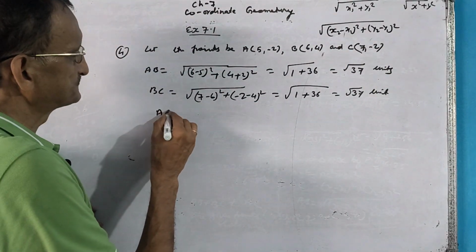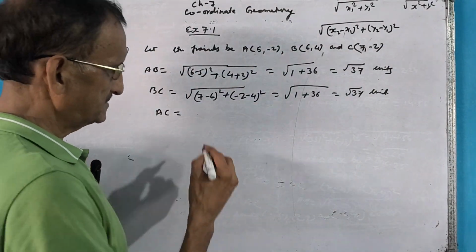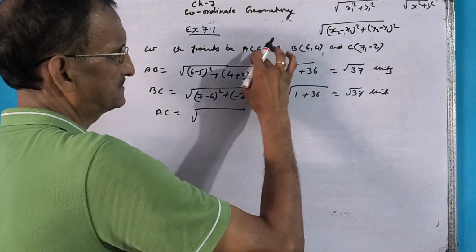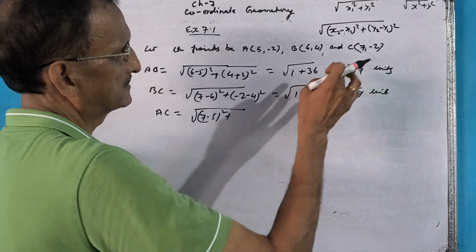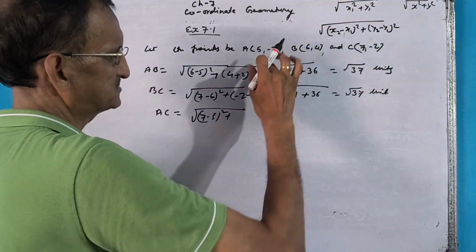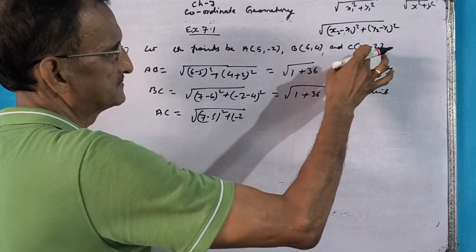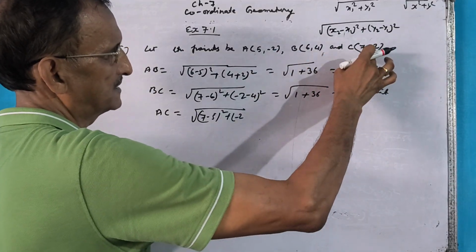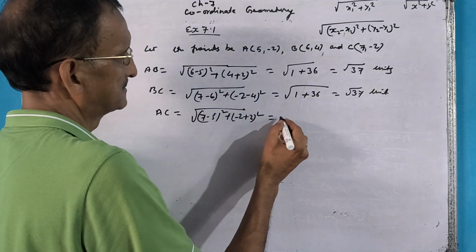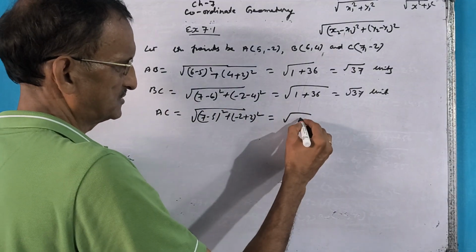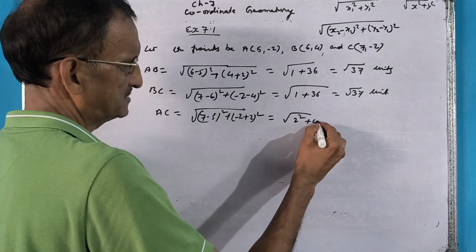Find AC also. AC is root of (7 minus 5) whole square plus (-2 plus 2) whole square. See, Y2 minus Y1: -2 minus (-2), that is 0. 7 minus 5 gives 2 square, and this is 0 only, no?